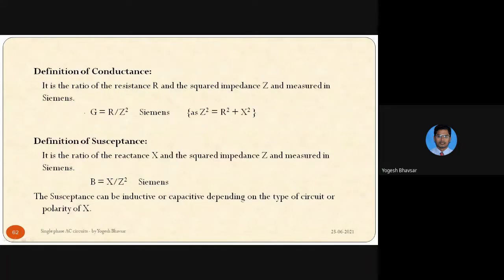As per these formulas, we can define the conductance. It is the ratio of resistance to the square of the impedance.